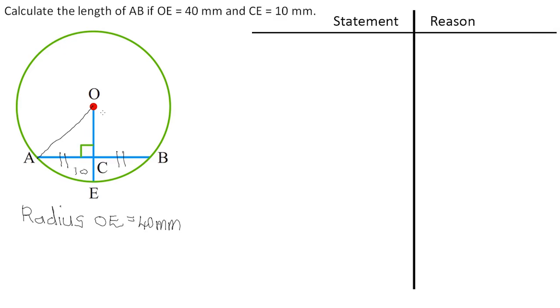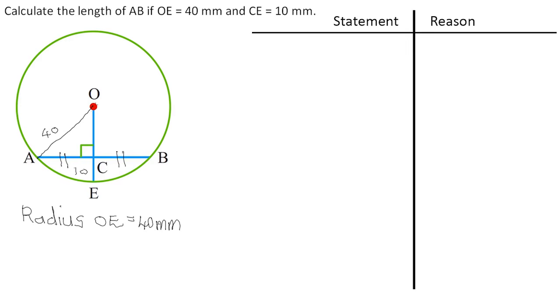At this stage, I have the value of OE, which is 40 millimeters. That means OA is also a radius because it is the point from the center to the circumference. So I can indicate there that it will be equal to 40.